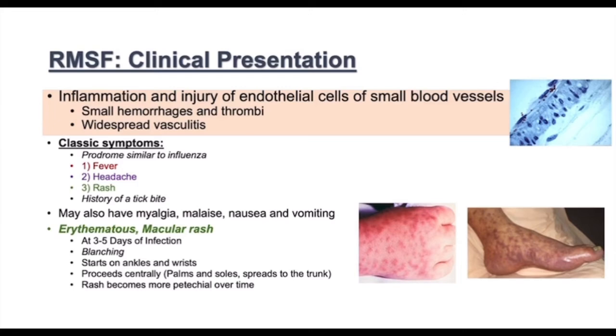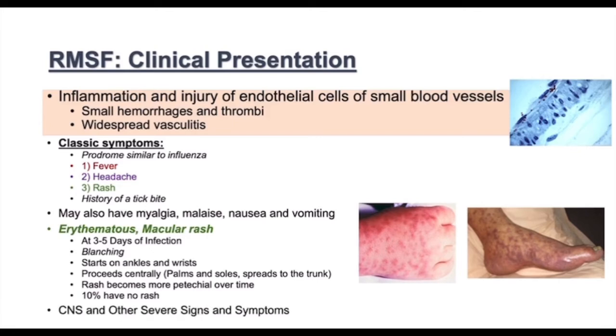And this rash becomes more petechial over time. And as I mentioned before, 10% of individuals don't have the rash at all. So we, again, can't determine our diagnosis solely on the rash. But if you do see a rash with a fever and headache, think Rocky Mountain spotted fever.